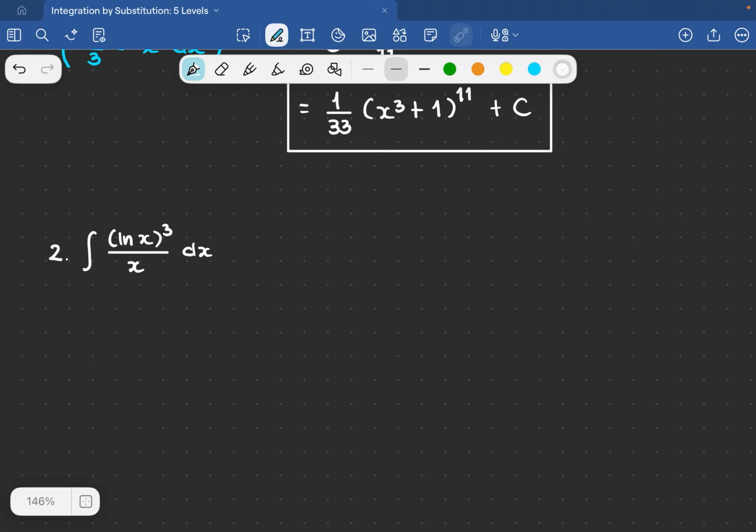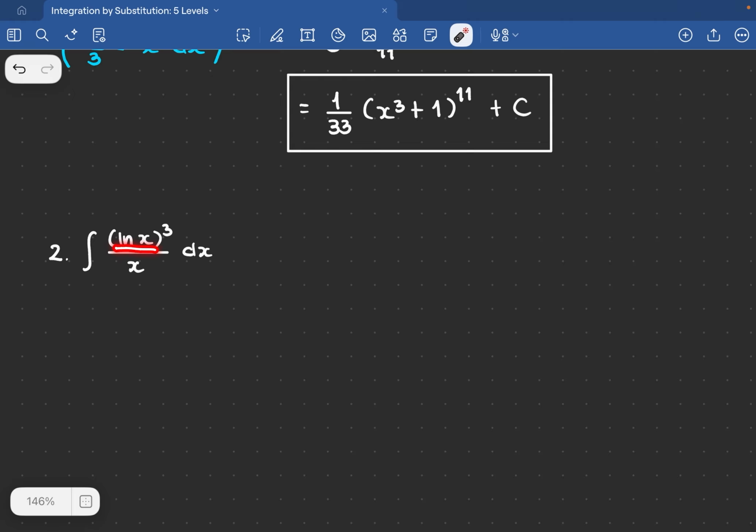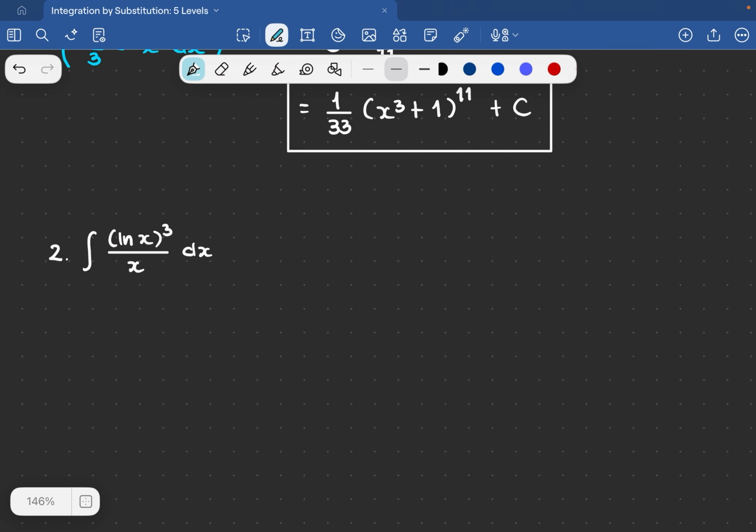Okay. So for this next one, you might get worried because there is an ln x, but actually in integration, when you see an ln x, you should be grateful, because if ever you choose that as your u, its derivative is just 1 over x, so it's pretty simple. And that is actually what we will choose as u.